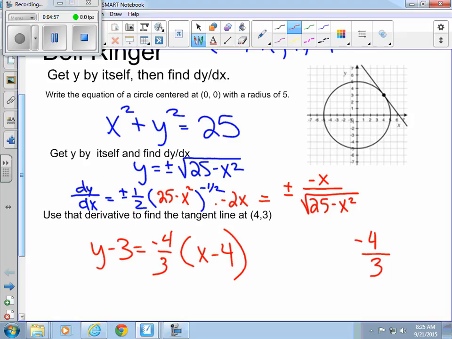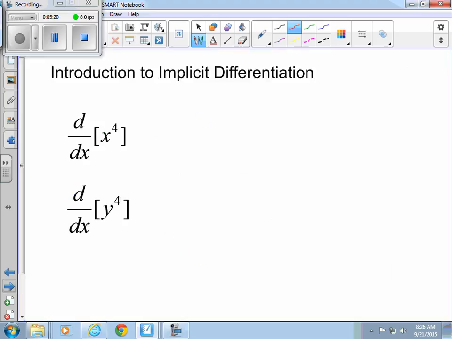There is another value at 4. Does everyone agree? 4 didn't tell us which part of the circle we were on. The 3 told us which part of the circle we were on. So that'll be some things we can look at today.